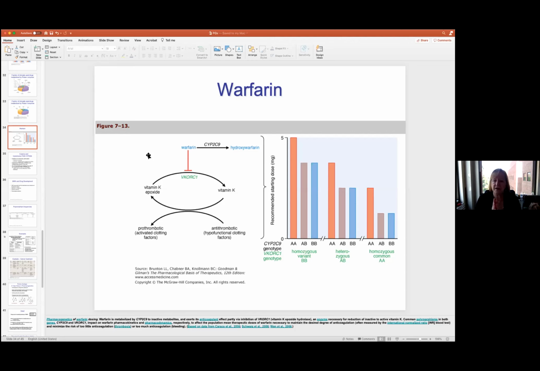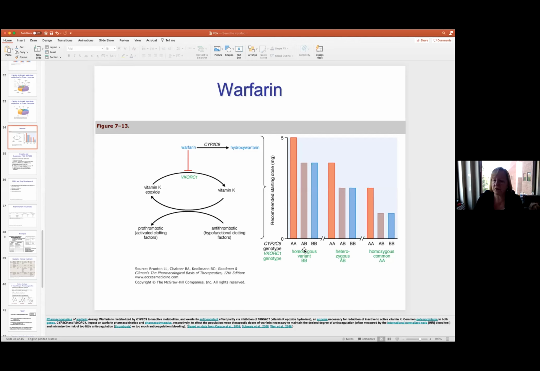So this graph on the right is a combination of looking at the CYP2C9 genotype and the VKORC1 genotype to see how they combine to come up with a recommended starting dose in milligrams.